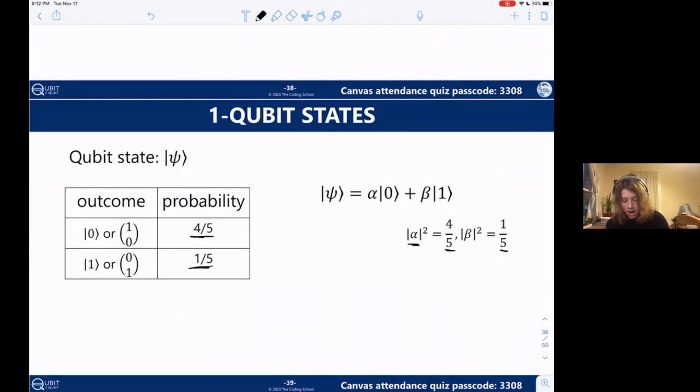So to get our actual psi, we need to take the square root of each of these results. So that's the square root of 4/5 times 0 plus the square root of 1/5 times 1. This is the result of our actual state. We just have to remember to always have this extra square root term here.